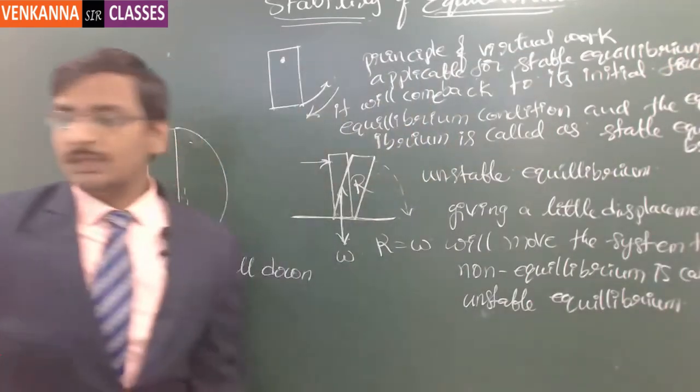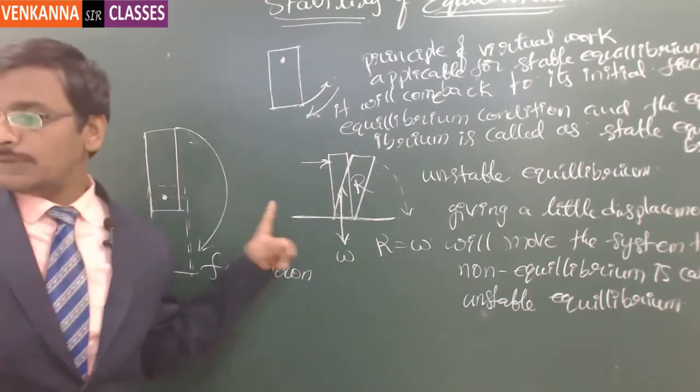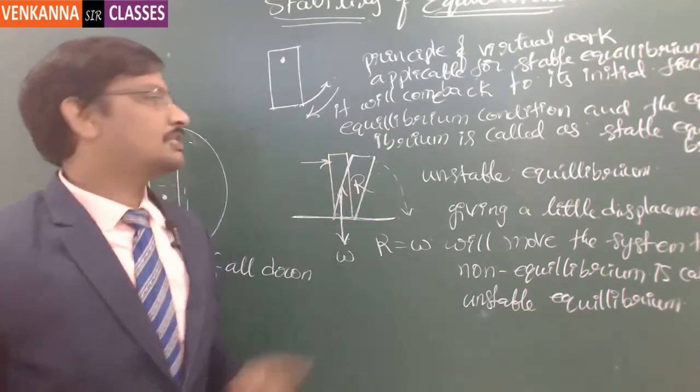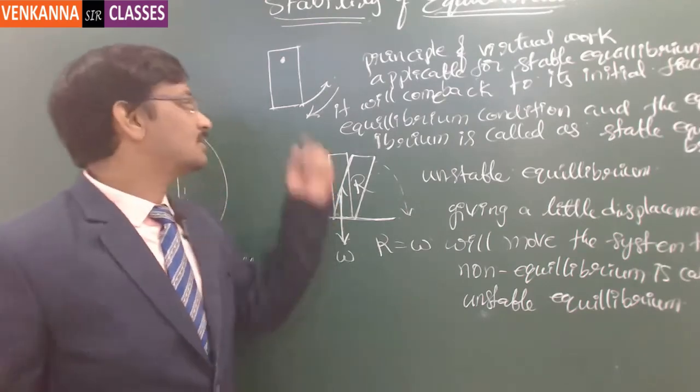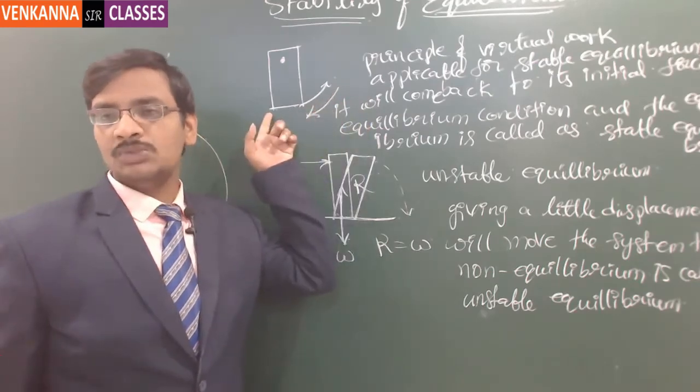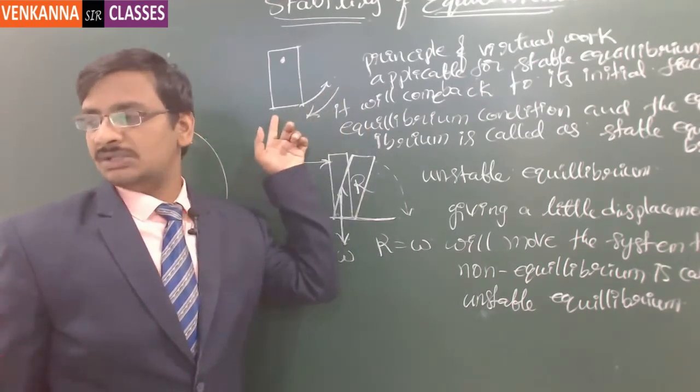The principle of virtual work will not be applicable under unstable equilibrium. What the principle says is that if you give a little displacement, you have done some work, and the body will come back to its original position. That means it is releasing the energy that it acquired.